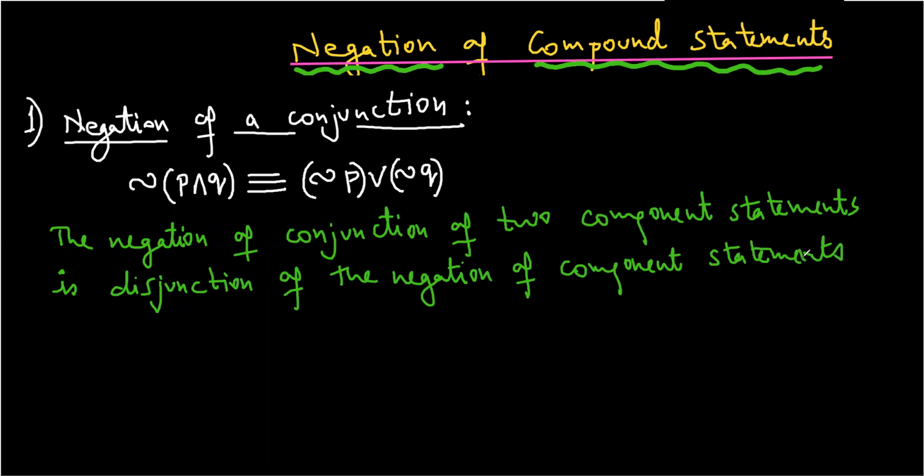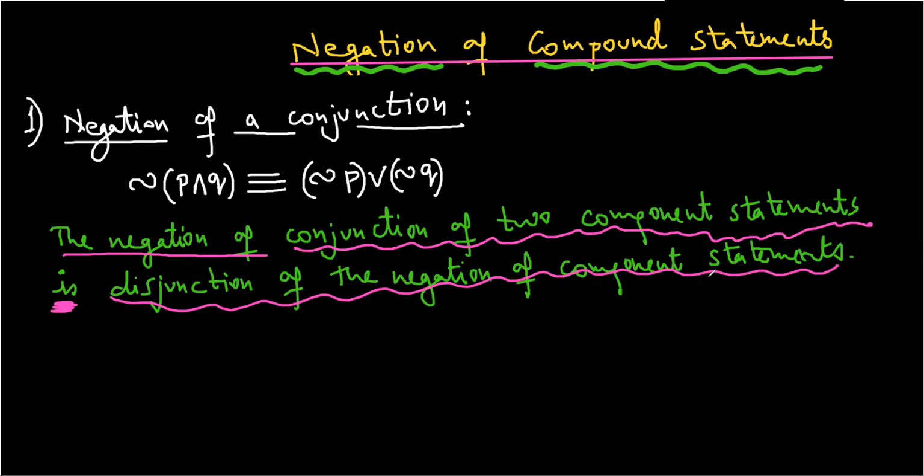I repeat again. See here, what have we written as the law? The law says the negation of conjunction of two component statements is disjunction of negation of two component statements.